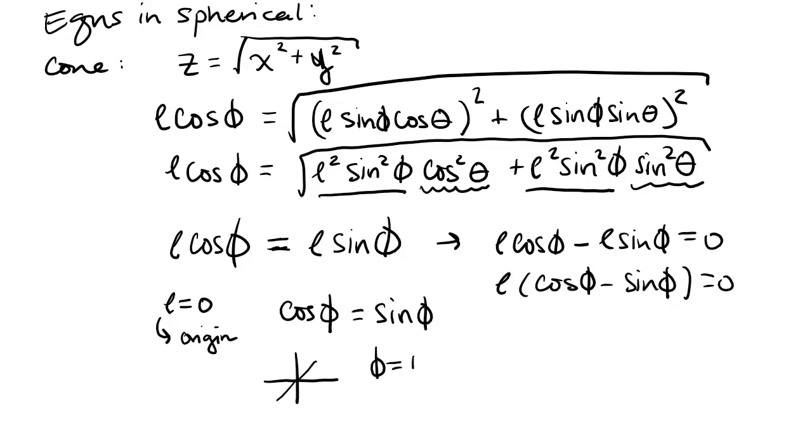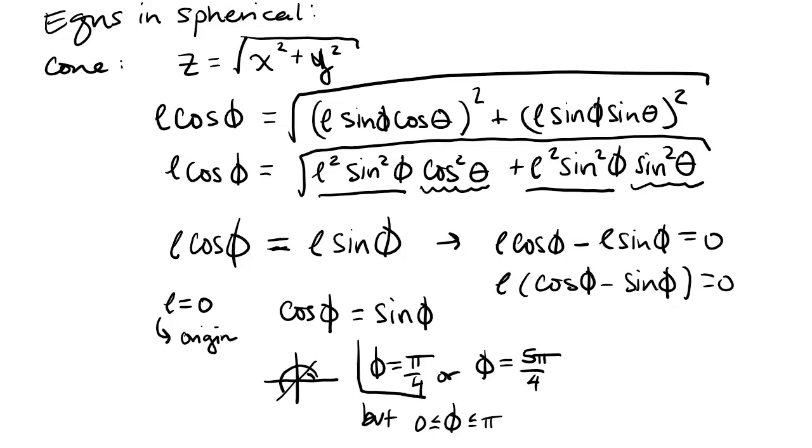So we could have phi as pi over 4, or phi as 5 pi over 4. So that's in the first quadrant, or coming all the way over to the third quadrant. However, we do have a restriction on phi, where phi is strictly between 0 and pi. So that gives me a unique solution: phi equals pi over 4.